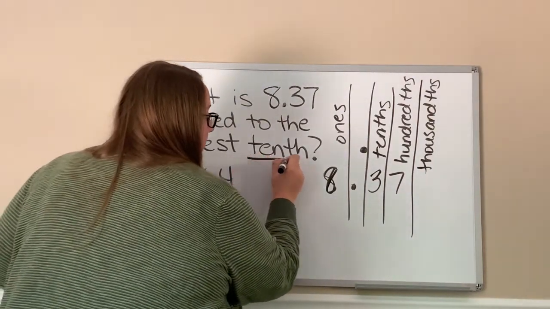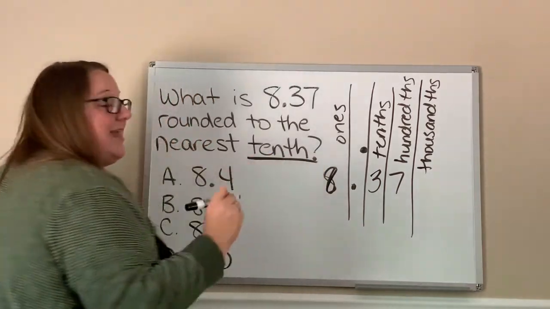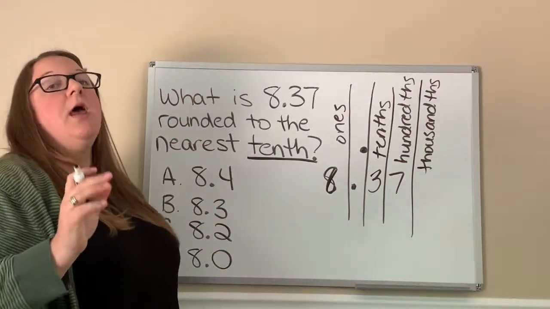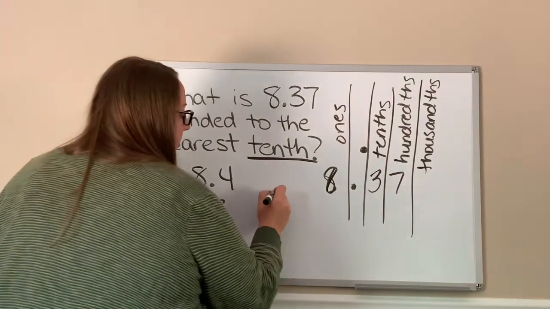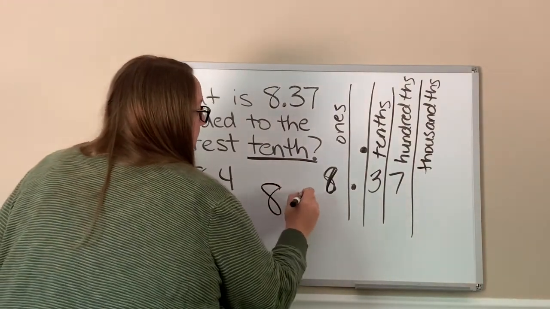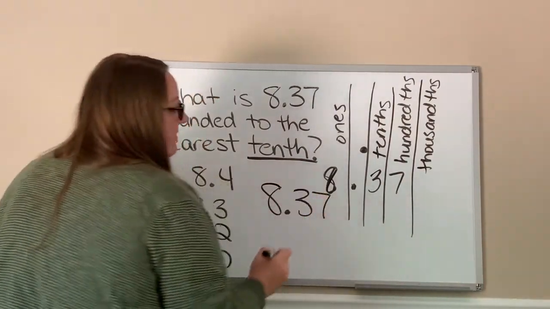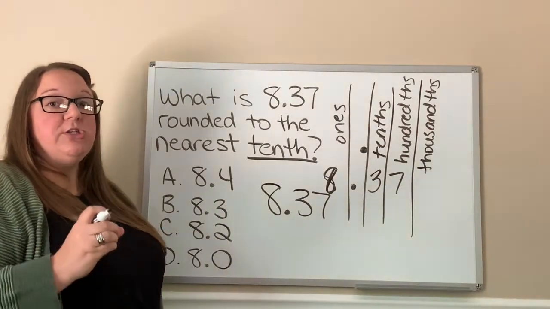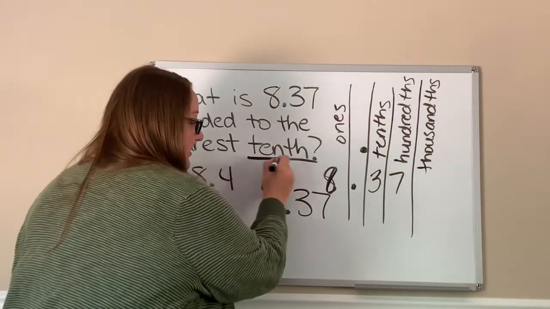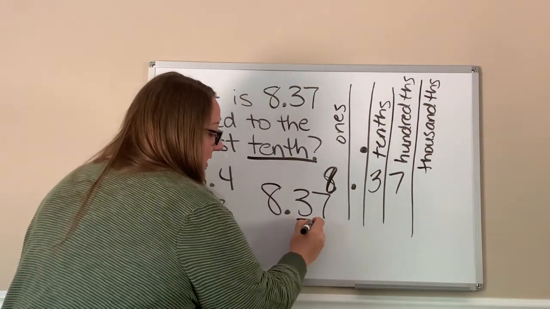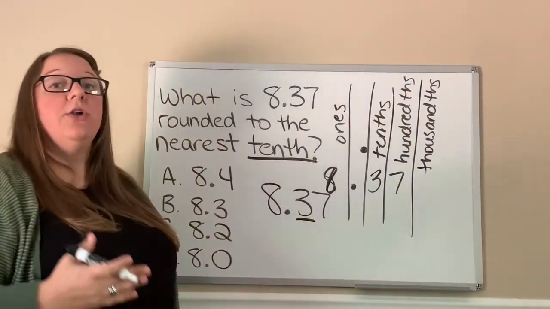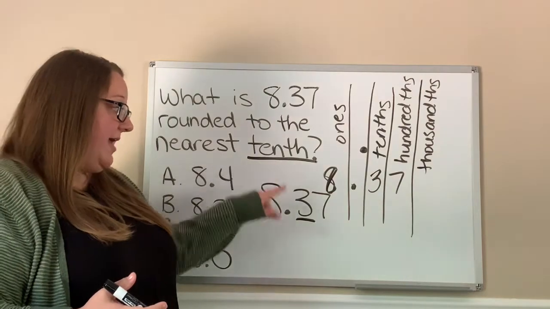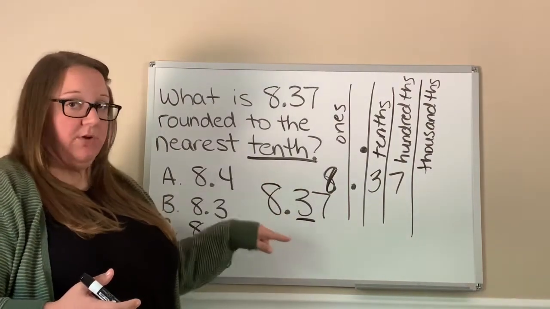So what you want to do is come and underline that place value, because then you can rewrite your number 8 37/100, and whatever place value they want you to round to, go ahead and find this place value in that number and also underline that, so you have your matching underlined numbers.